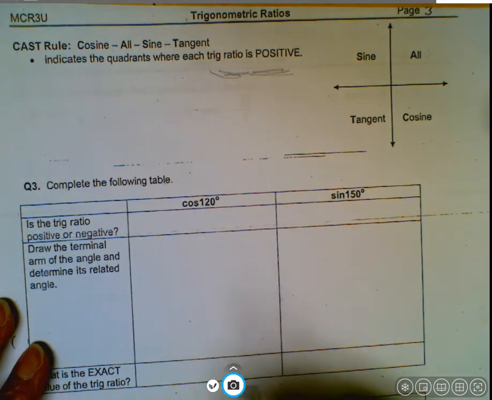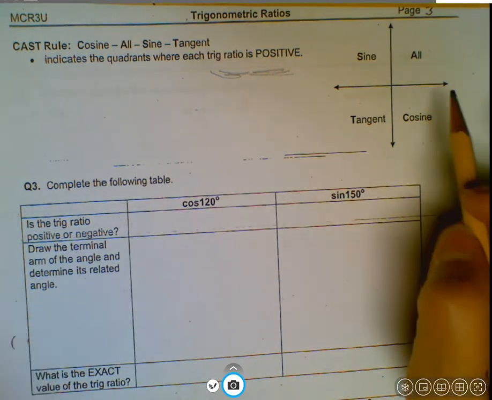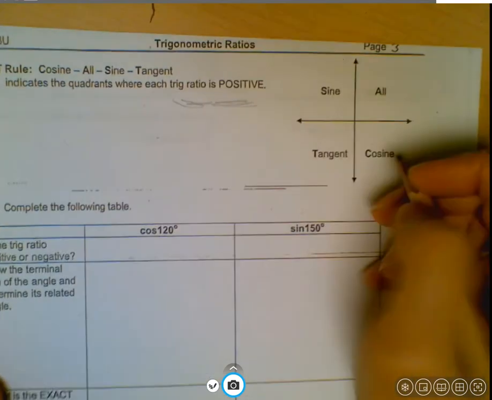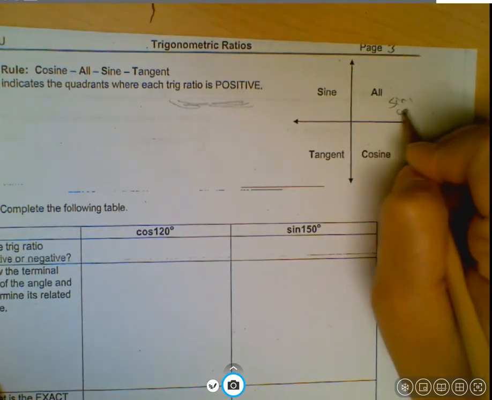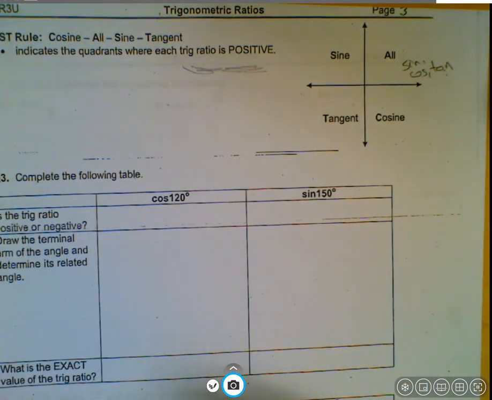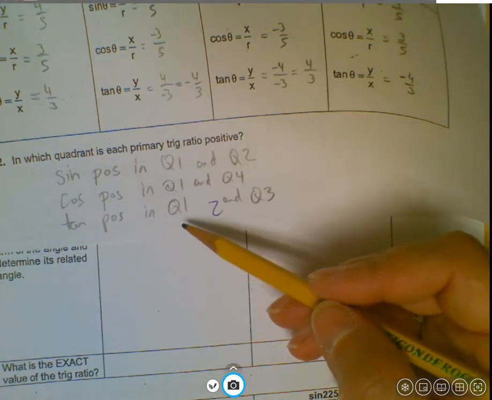So it tells you that, let's go this way, in quadrant 1, all of them, sine, cos, and tan, are positive. They're all positive in quadrant 1. So let's go back to our chart down here, the page before. You see, they're all positive in quadrant 1.